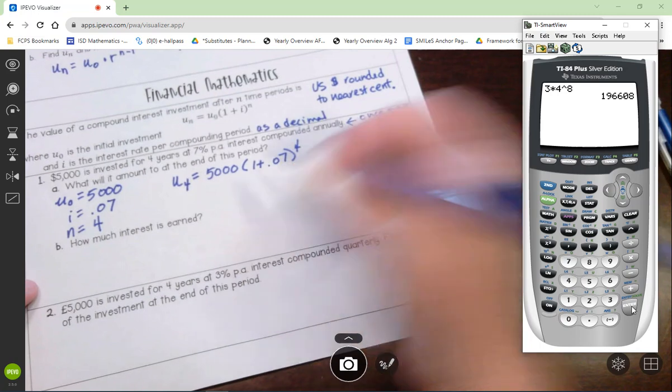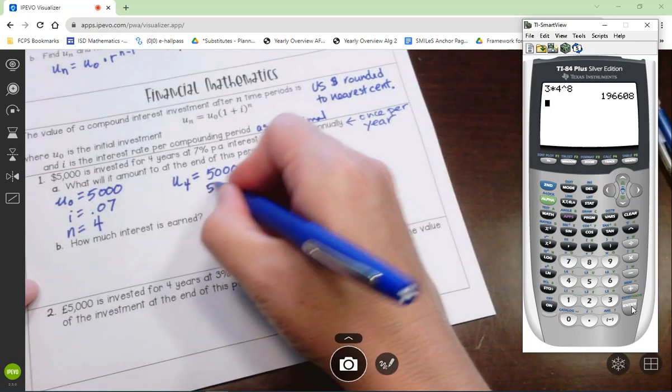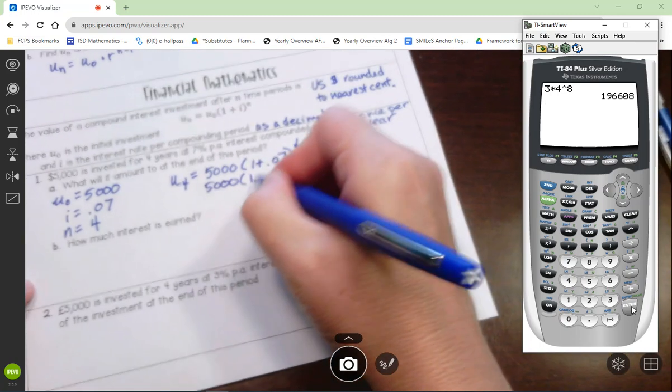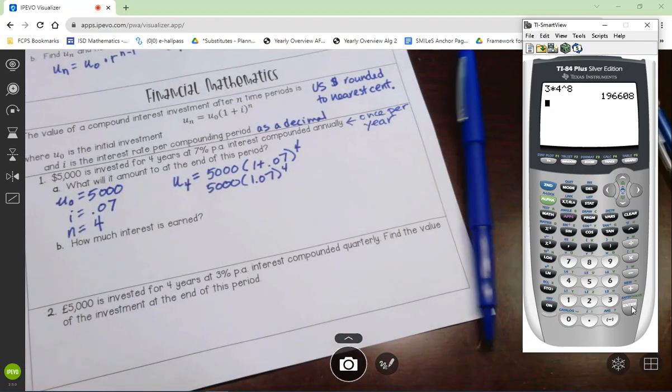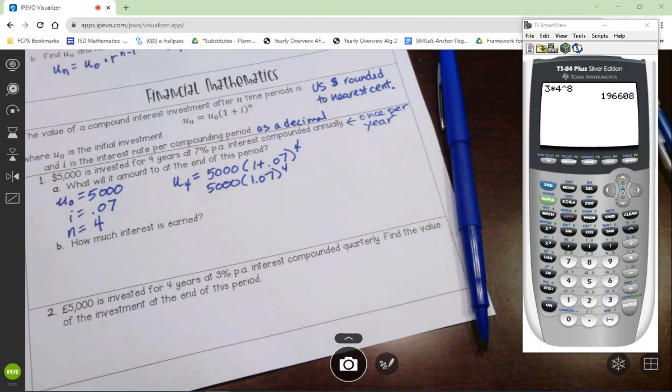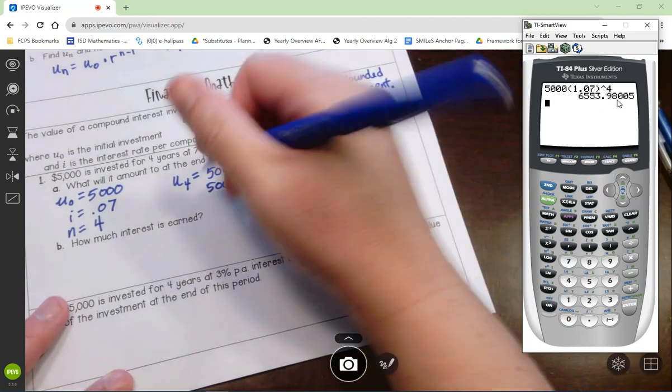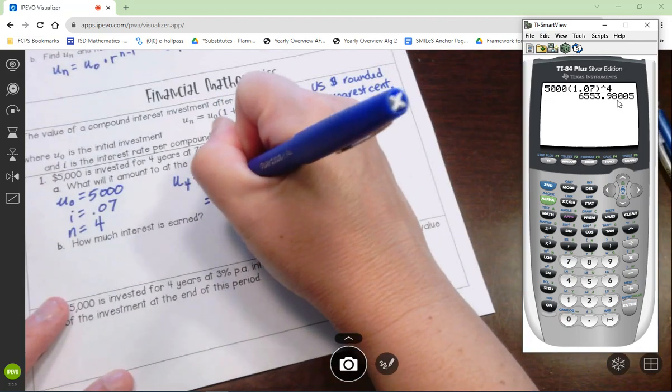You don't have to write this step with a plus, if that makes more sense to you. And that's easier to put in the calculator as well. Okay. So that's going to give us $6,553.98, and you're going to round it to the cents there. Make sure your final answer has the dollar sign on it.